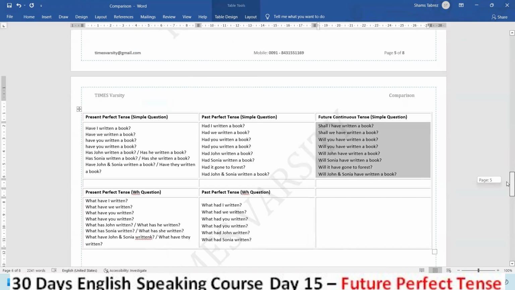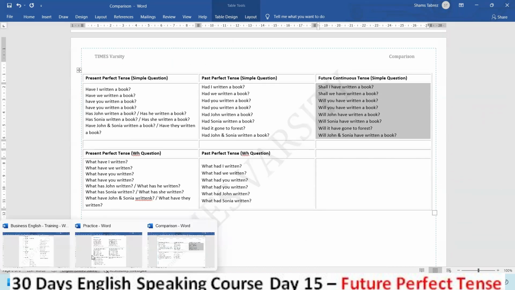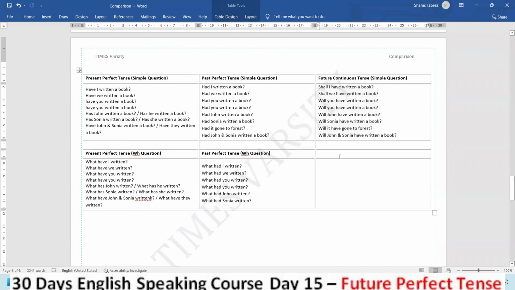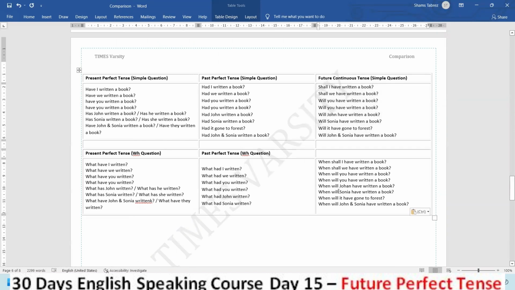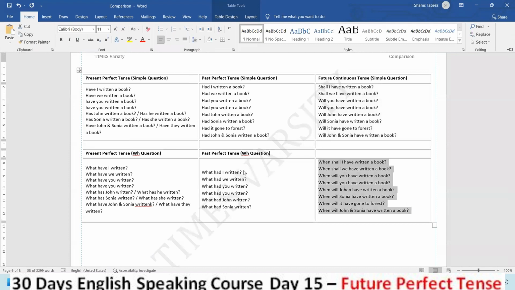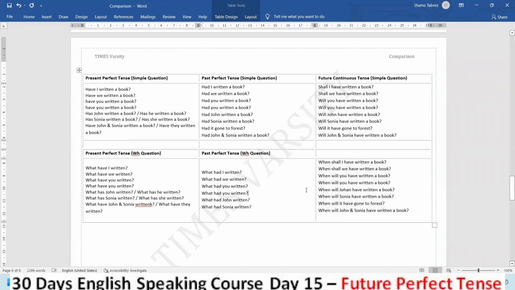And WH question starts with the WH word. Okay, so this is about comparison.